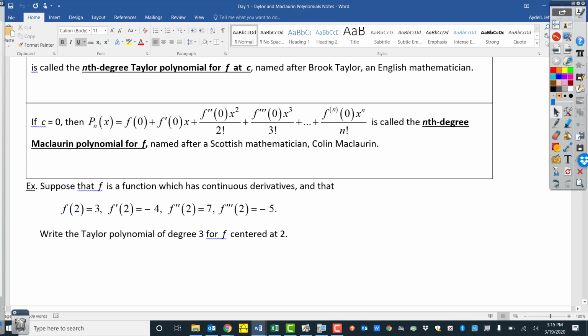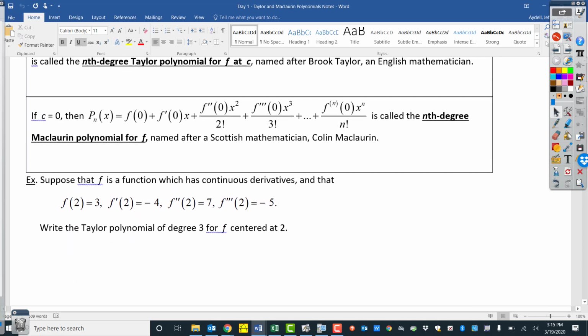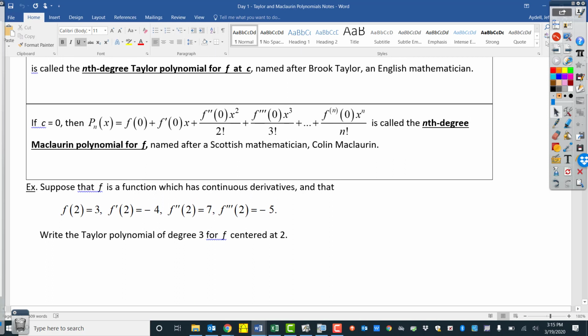Okay, so let's look at this in an actual problem. We want a function f which has a continuous derivative, and that f of 2 equals 3, f prime of 2 equals negative 4, f double prime of 2 equals 7, f triple prime of 2 equals negative 5, and we want the third degree polynomial centered at 2.